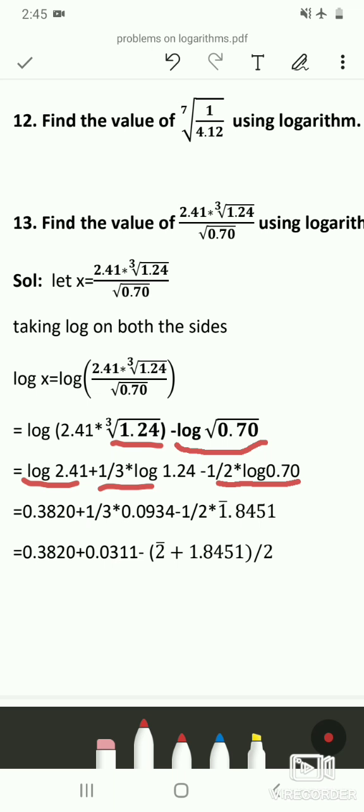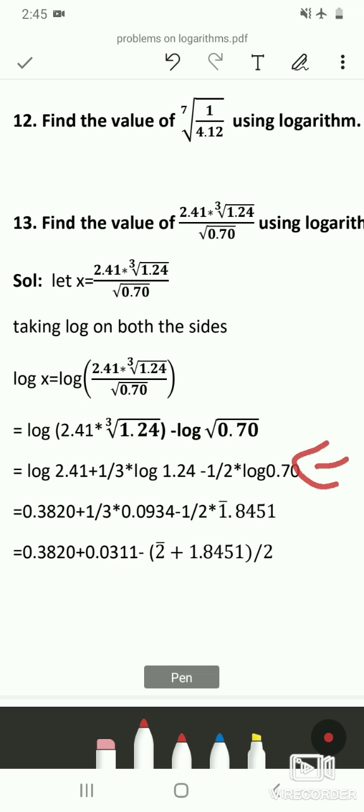Here 0.70 is your m and small n is 2. If nothing is mentioned, that is square root, it means your small n is 2. So using your fourth law we have obtained this step. So the final step is log 2.41 plus 1 upon 3 into log of 1.24 minus 1 upon 2 into log 0.70. Now you find out the log values of all these terms using the logarithm table.